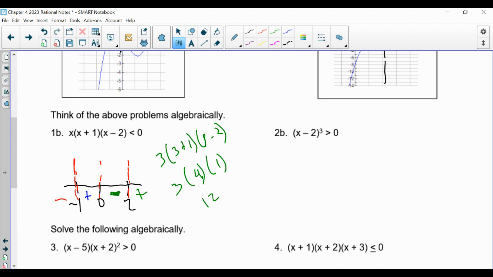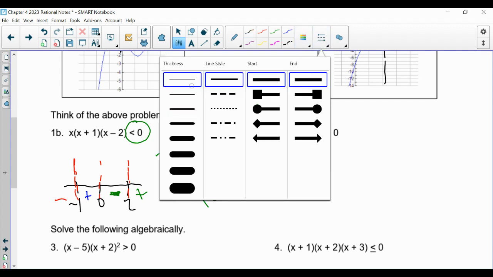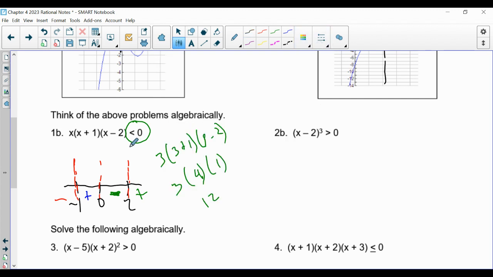Okay. So here, you can see the sign chart is complete. Now you look at what we care about in terms of comparing it to 0. We want less than 0, which means we want negative, because less than 0 means negative, which is this section and this section.